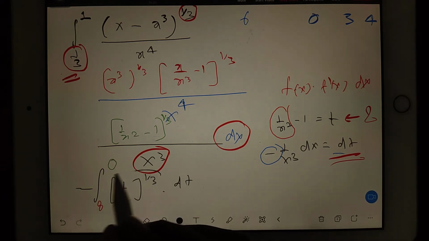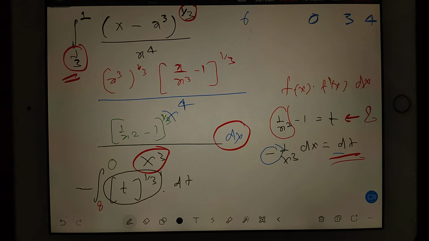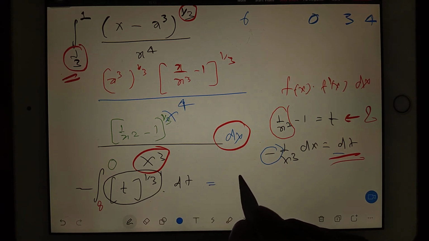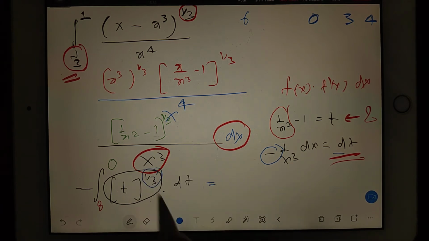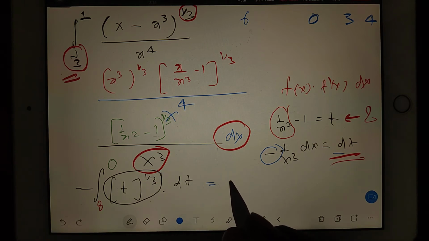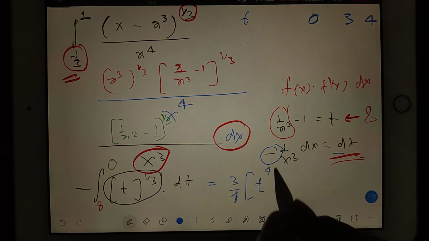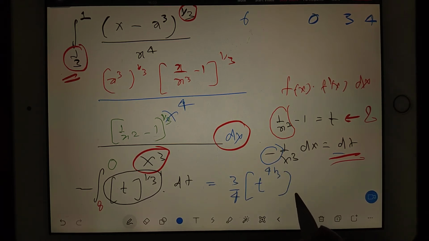Then t power 1 by 3 we can integrate. When we integrate t power 1 by 3 and in the last substitute the limit, you add 1 here, so 4 by 3 will come. So 4 by 3 means 3 by 4, so 3 will go up, 3 by 4 you can take outside, and t power 4 by 3 will come, and you have one minus sign available here.